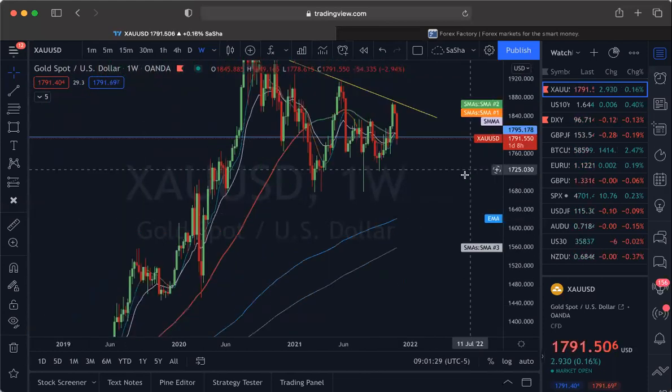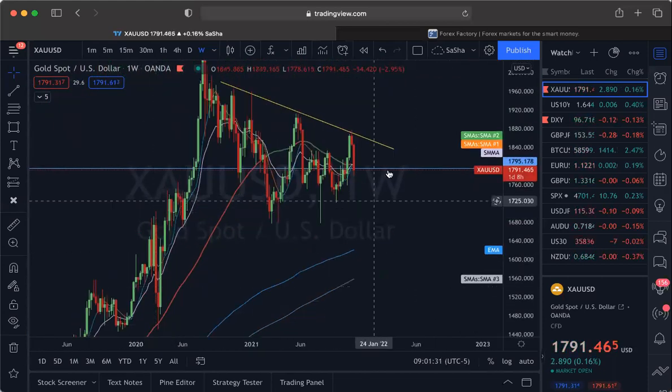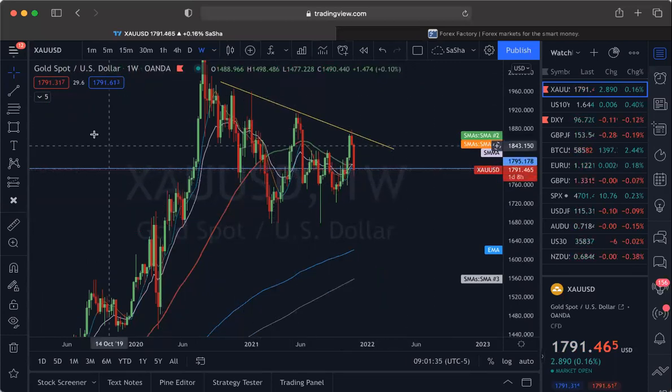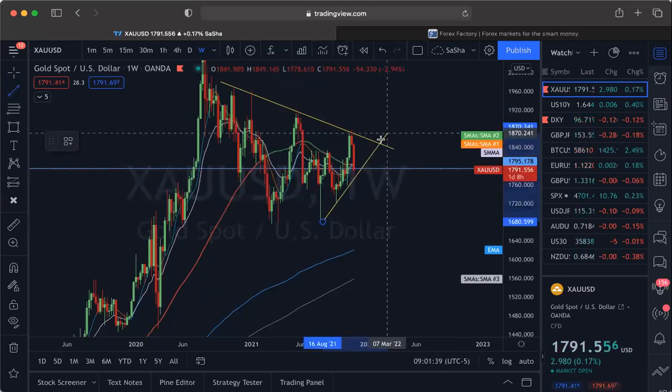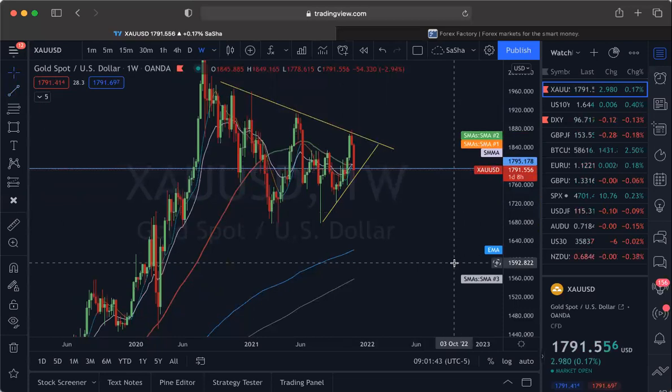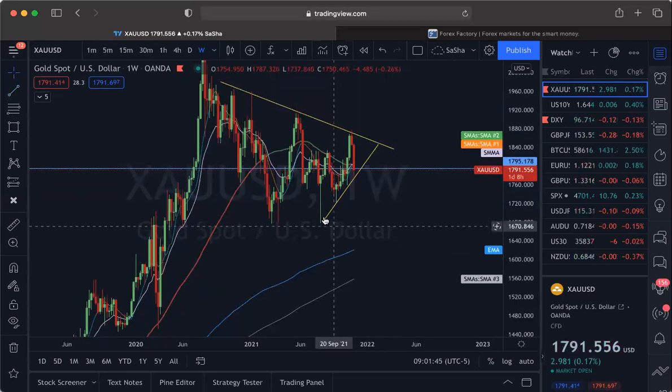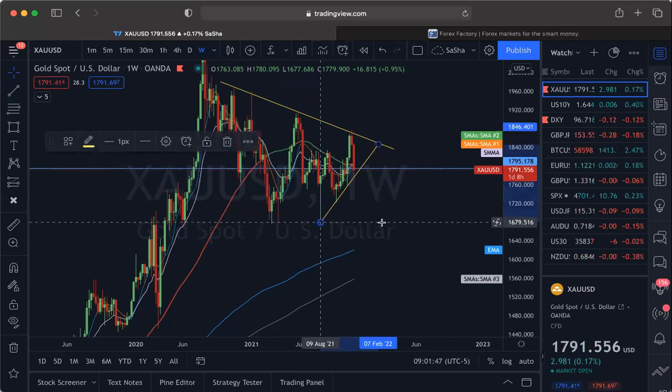Now, going down after looking at these areas, these are specific areas to show me what's going on on a higher time frame. And then I can say very safely that I can draw this and price is contracting. Price is contracting. So I am using trend line.